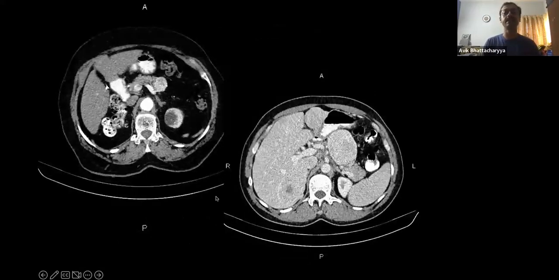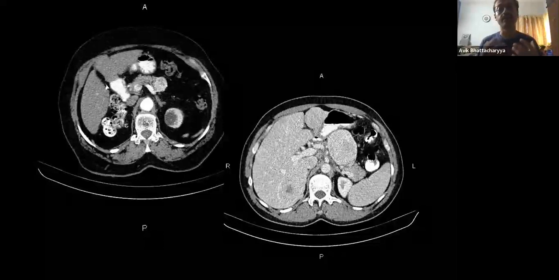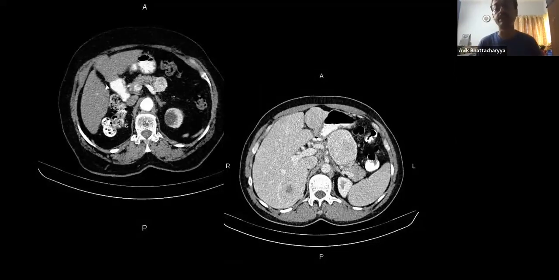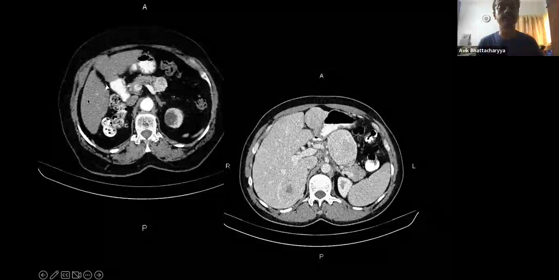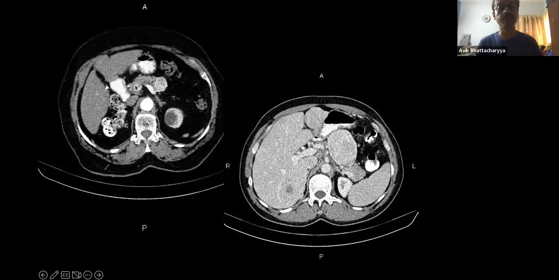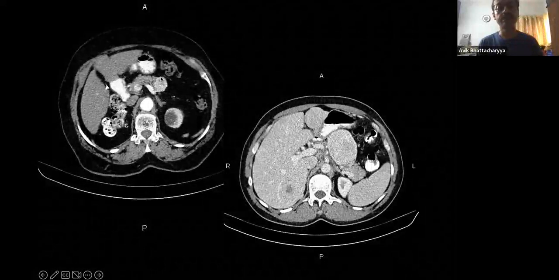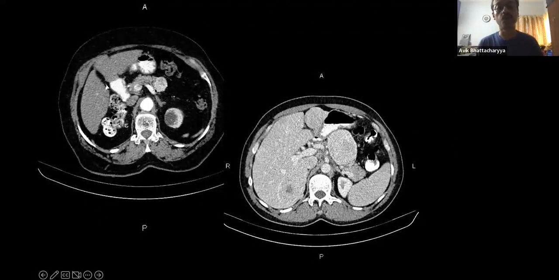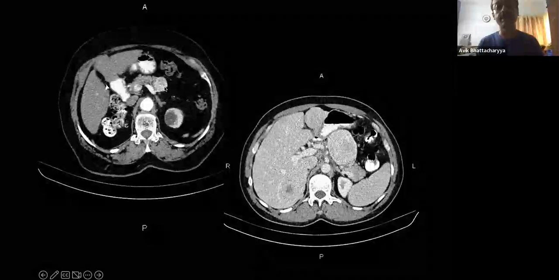So basically, as we were discussing, smaller tumors of the pancreas can be very bright, or we can see them very clearly when we do a late arterial phase of contrast study. Here in this phase, you can see this is liver, this is duodenum, and this is the area of pancreas. In this pancreas, you can see an oval lesion, which is enhancing.